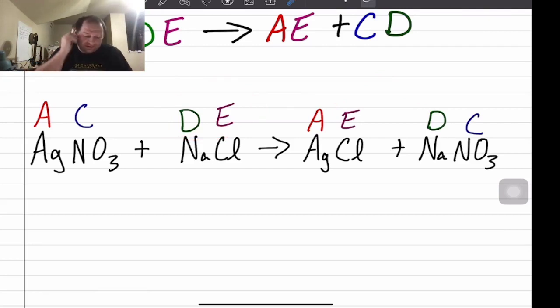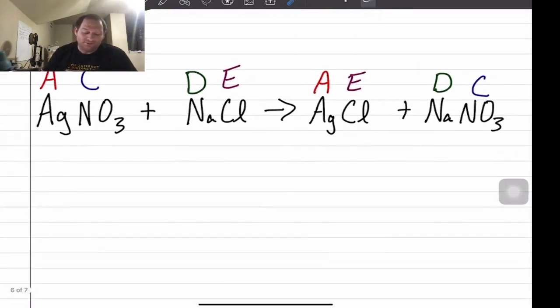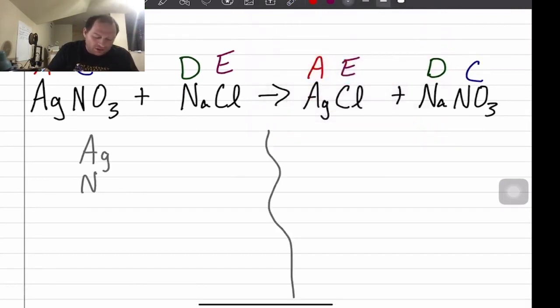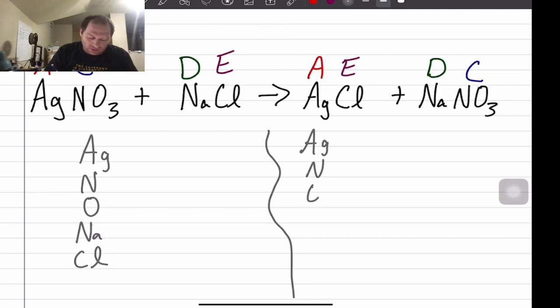Let's see. I'm balancing this. It's actually already balanced. Just to make sure, I'll do it real quick. So we have Ag, N, O, Na, and Cl. All right, we have 1 Ag.